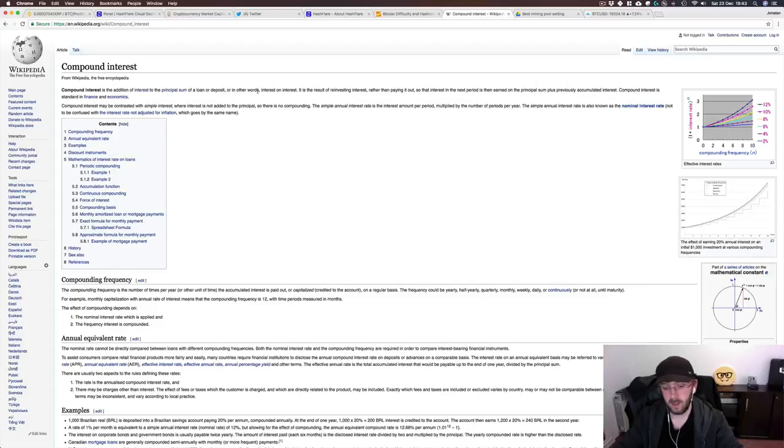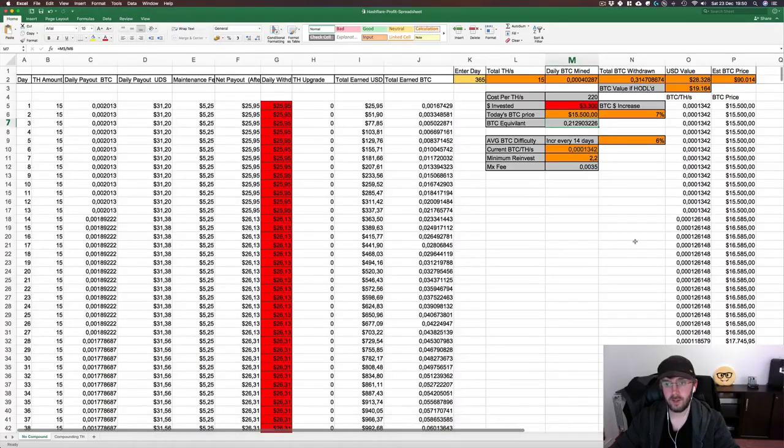That means that if you order 15 terahashes, you get your daily payment, and if you invest that into buying more terahashes, then the next day you will have more terahashes and an increased daily payment, meaning that you can even buy more terahashes than the day before. That will compound over time, and as we will see in the calculations, we will actually earn more money. So let's do some calculations here.